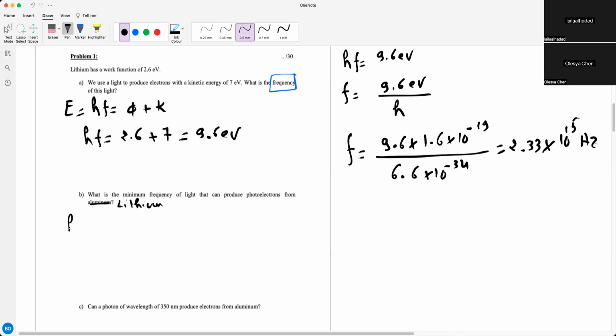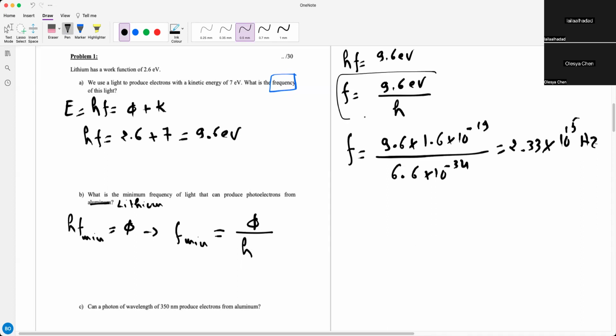The minimum frequency is the one whose energy is just equal to the work function, which means we are producing electrons with just zero kinetic energy. So the minimum frequency will be the work function divided by h.